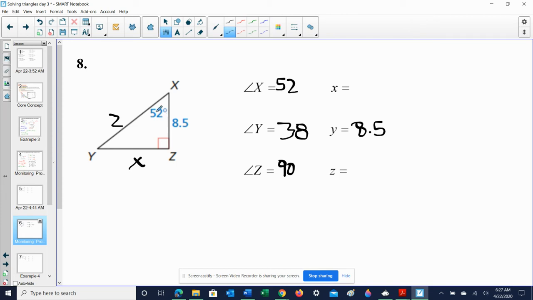We have this angle. What is the tangent? The tangent of 52 is equal to opposite over adjacent.